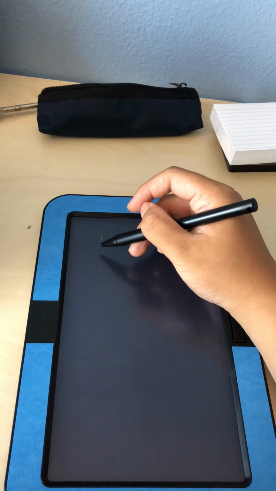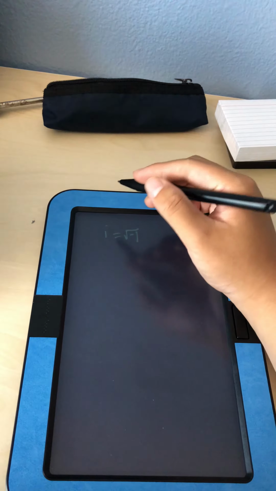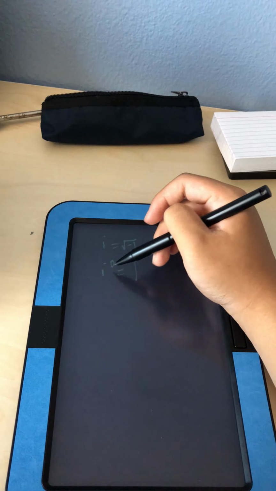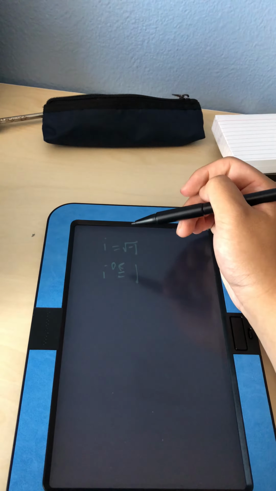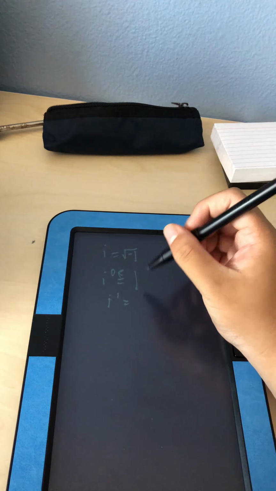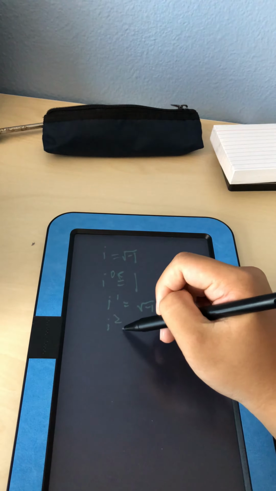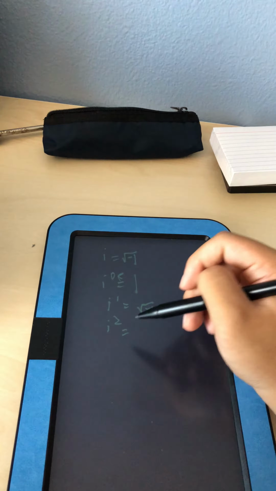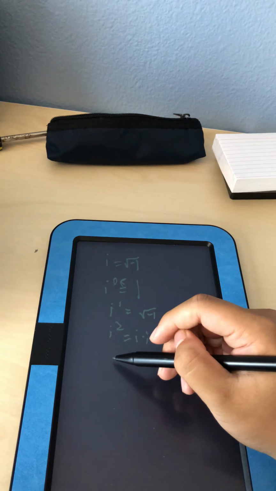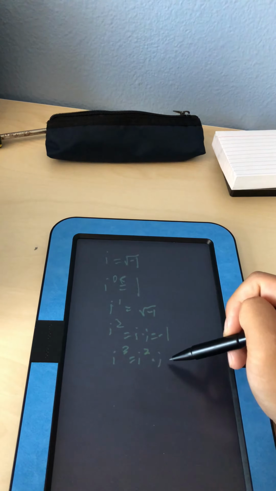Now, if we were to list some i's in different power forms, for example, i to the 0 we know is equal to 1, since every number to the power of 0 is equal to 1. i to the first is that number times 1, so it's the square root of -1. i to the second is that number times the same number, so i times i, which would equal -1. i to the third is i squared, which is -1, times i.